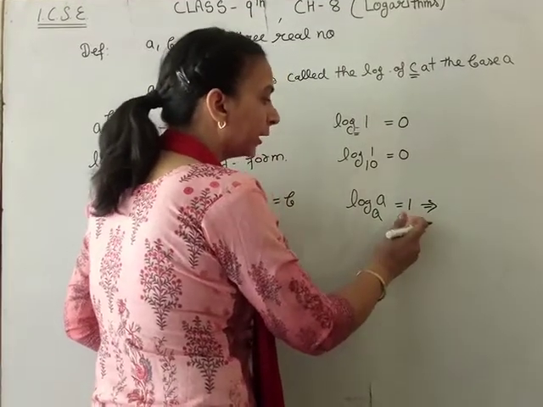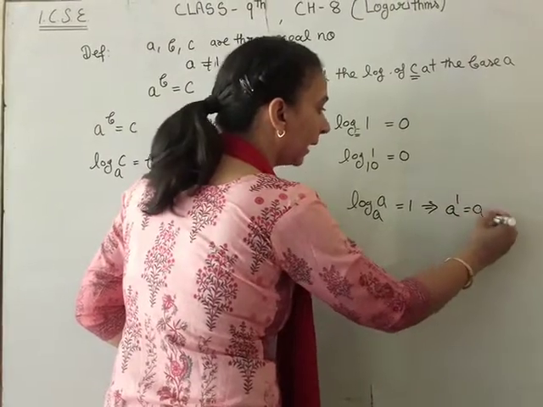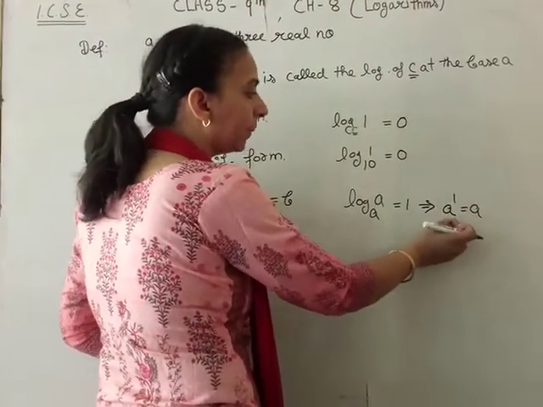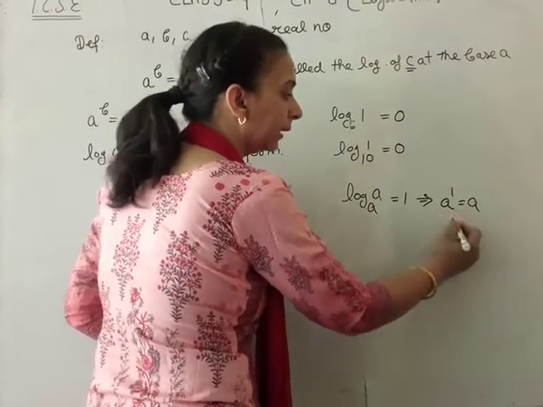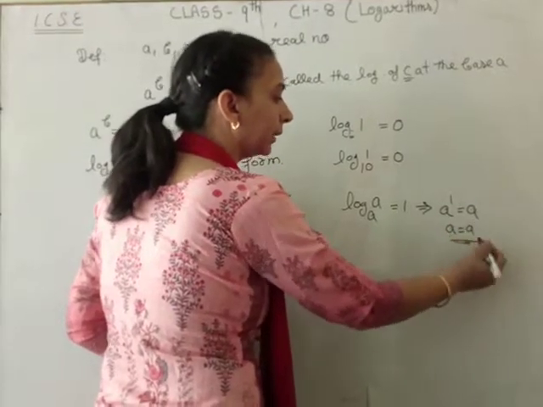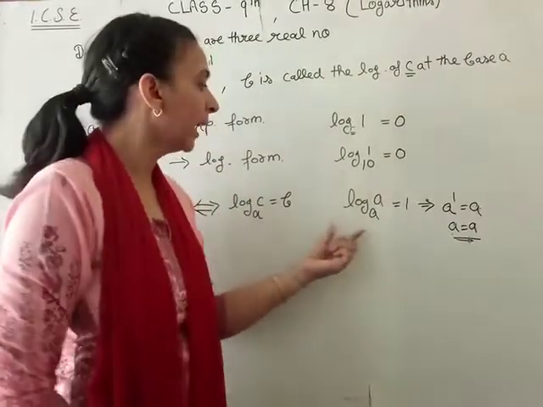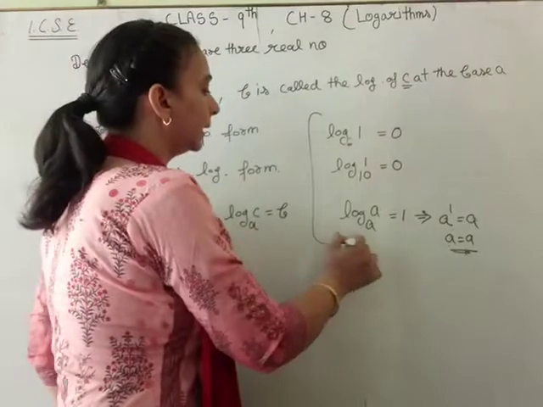Our exponential form is a raised to the power 1 equal to a, then log of a at the base a equal to 1. So students, if base and argument both are the same, then this equals 1. Okay, you learn these things.